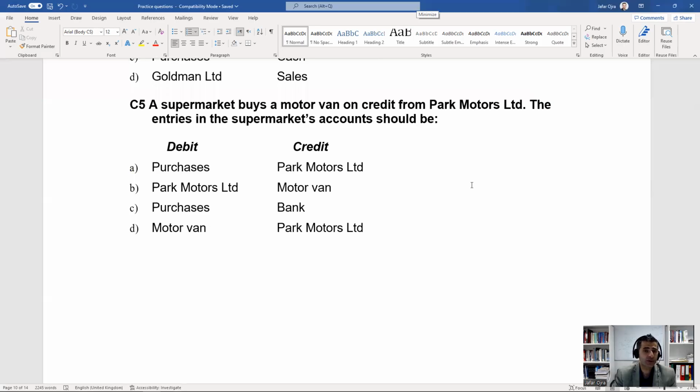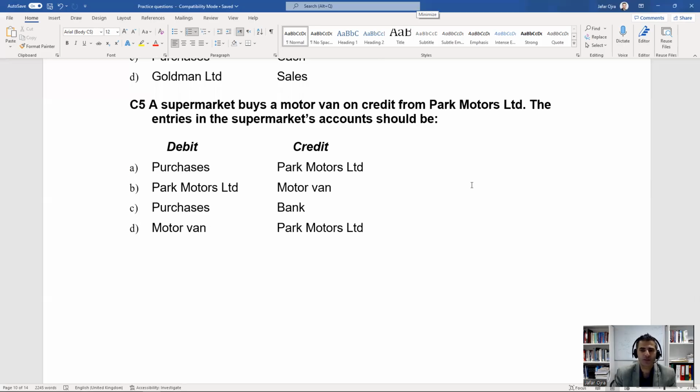Now this supermarket buys a motor van. Do not consider this purchases, because it is not purchases. A motor van is classified as a fixed asset, and you need to record it in its own account. It's not purchases. Be careful.